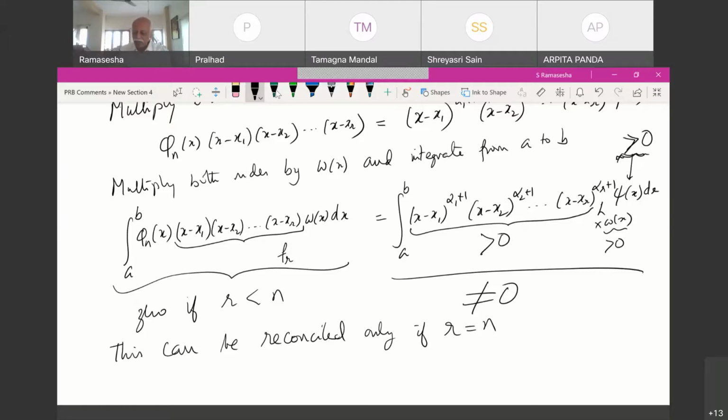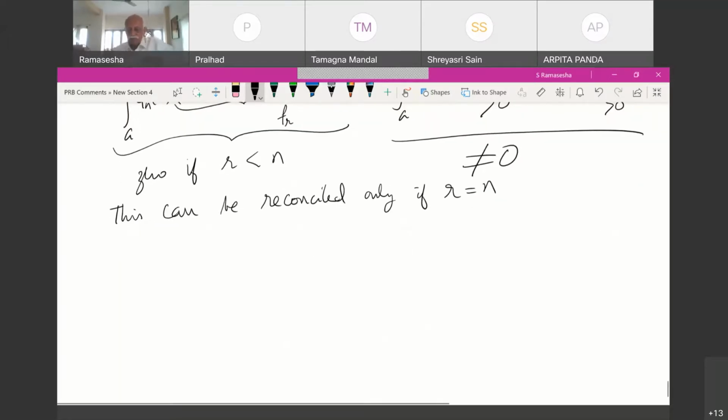But if r is less than n, it cannot happen, which means that this implies that (x minus x1) and so on is a polynomial of degree n.